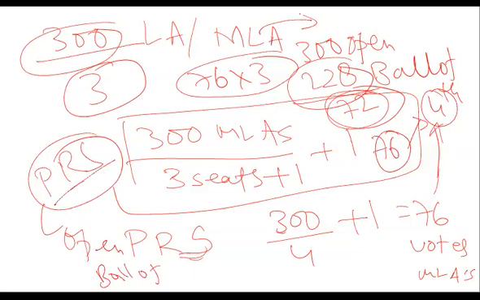Now let's come to the disqualification. What have we talked about? First, we have talked about the qualification required for the members of the Rajya Sabha. Second, we have talked about the manner or mode of election to the Rajya Sabha.